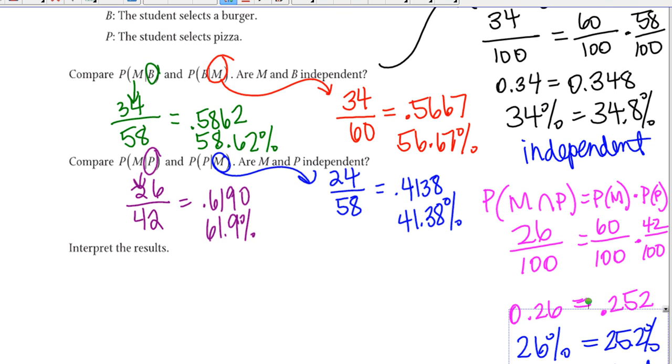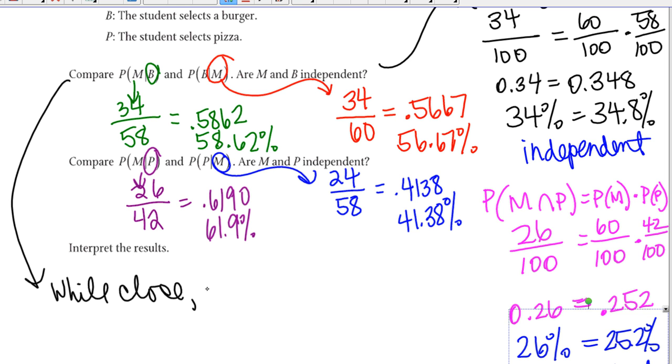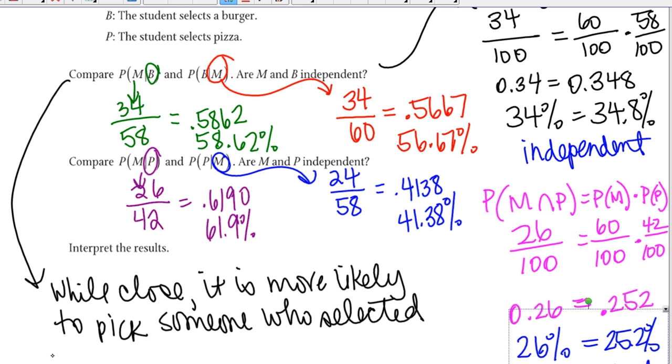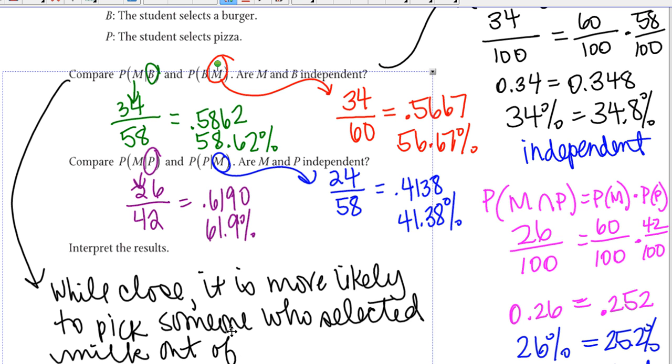So interpret the results. This is just your more likely. So down here, well, close. It is more likely to pick someone who wanted milk out of the students who ordered a burger.